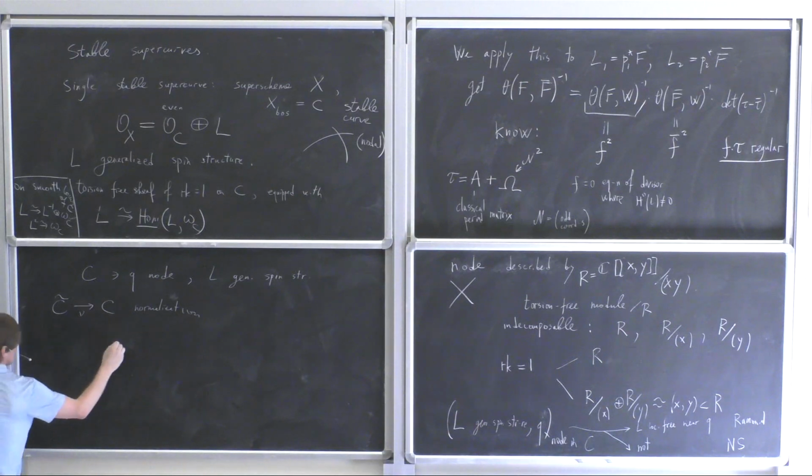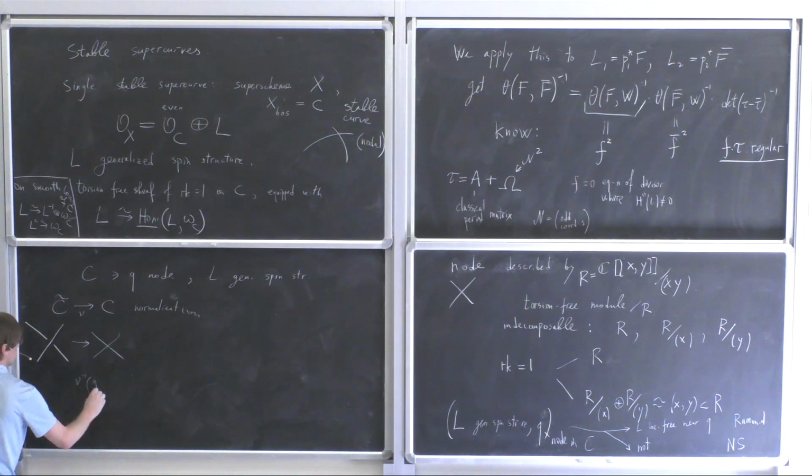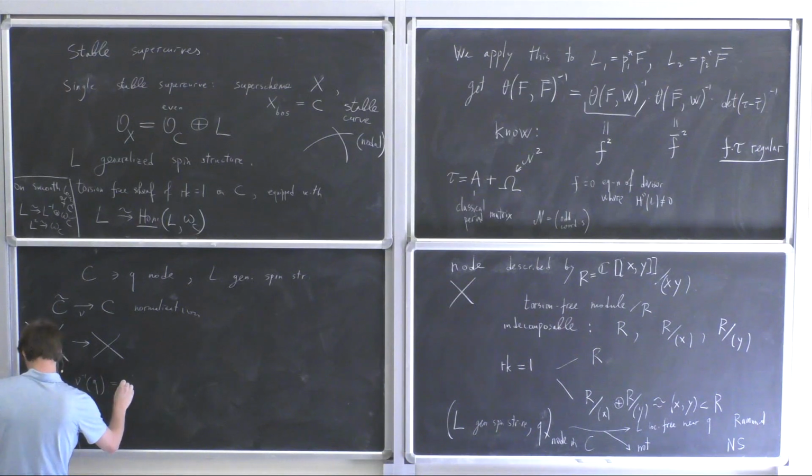So basically you uncross the two branches. The pullback of the node is going to be 2 points here. So there are 2 points which are glued into this node. Let's call them P1 and P2.